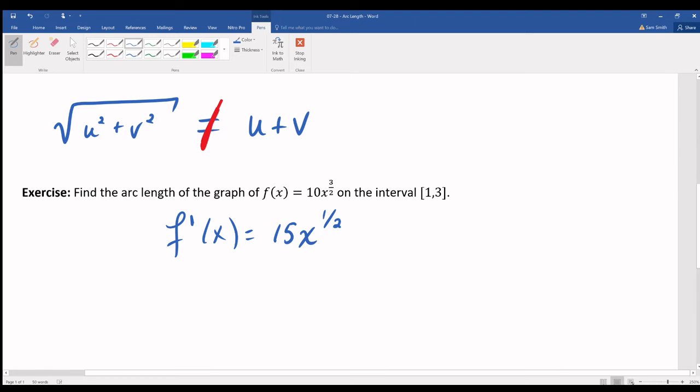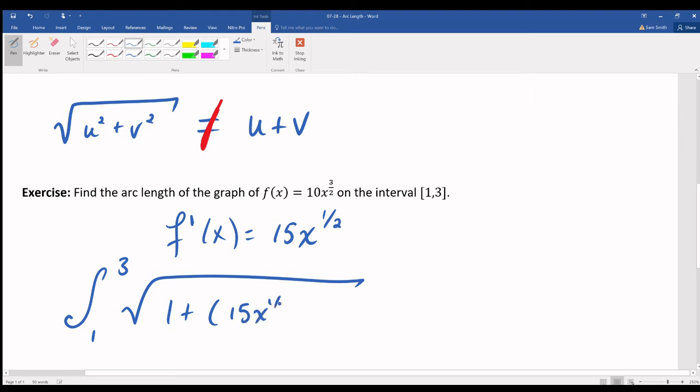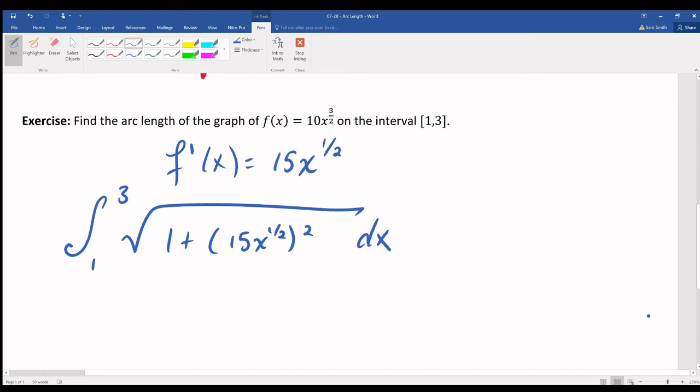So then I'm going to integrate from 1 to 3 the square root of 1 plus f prime of x quantity squared. Now, my job is to take the antiderivative of this without incorrectly simplifying the square root. So we have to be very careful here.